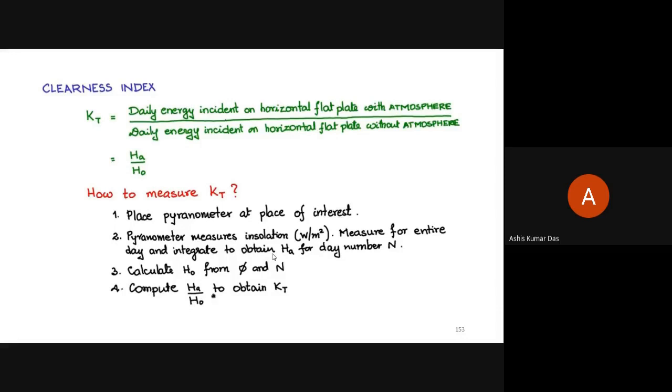Now, how do we measure this KT? First, we will try to place one pyranometer at the place of interest. Now, what is this pyranometer? A pyranometer is an instrument that can measure the insolation. It is used in solar based experiments, and it is based on thermal principles.